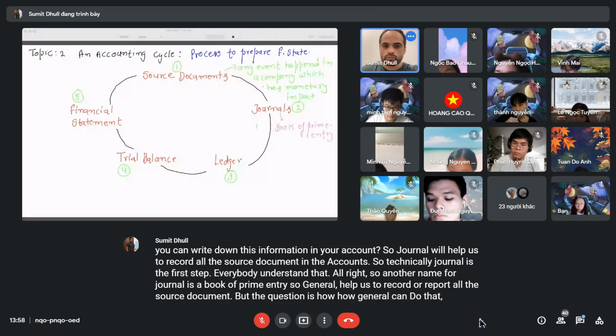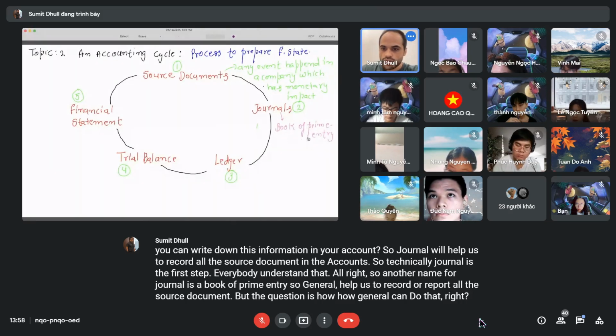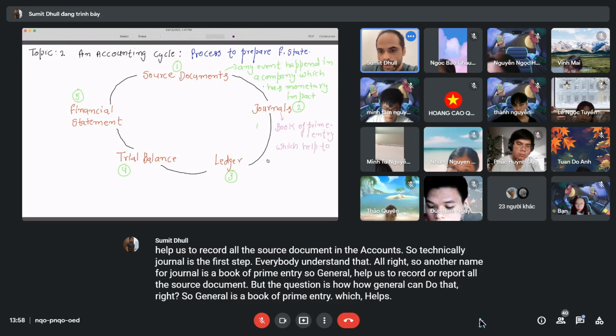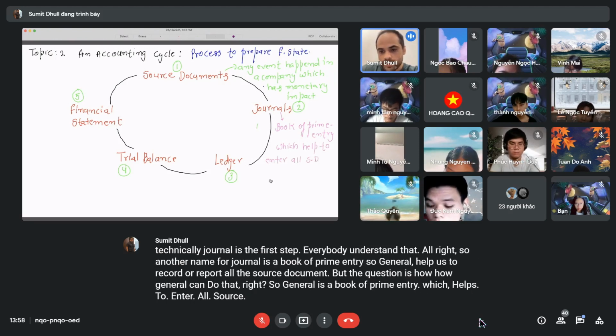Right. So the journal is a book of prime entry which helps to enter all source documents in accounts, right?